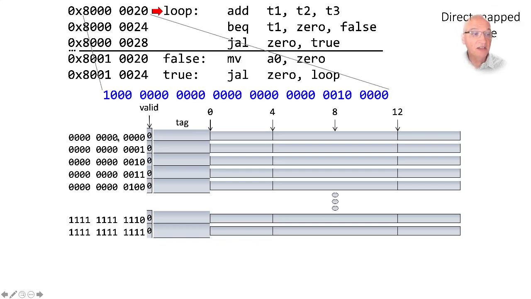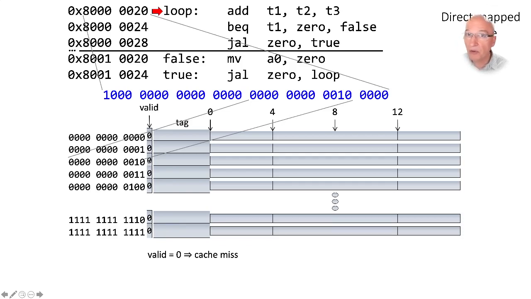In this case, I need 12 bits to find the corresponding block in the cache. So I'm going to take the 12 bits corresponding to the index. I'm going to find out that the access is to this block in the cache. And the valid bit in this case is 0. I'm starting my execution, so it's a cache miss.